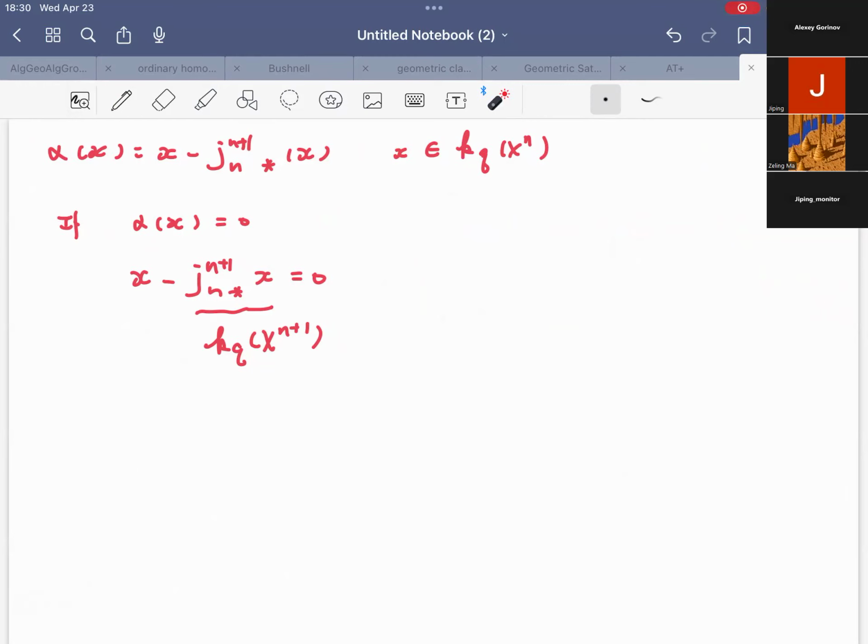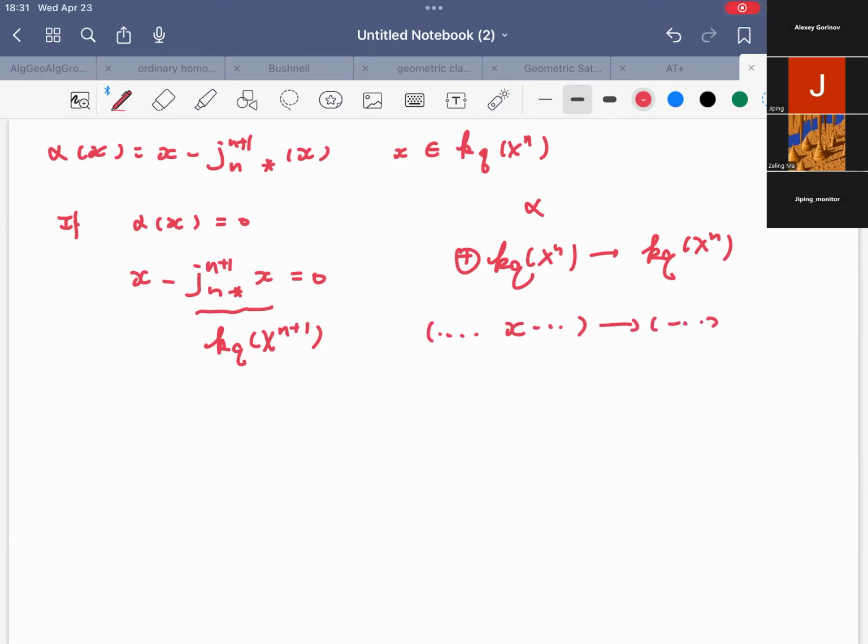I don't understand. Maybe I should say it clearly: because alpha is an isomorphism from KQ X_n to KQ X. From this, x goes to one part x, and the other part is minus g_{n+1} star x.